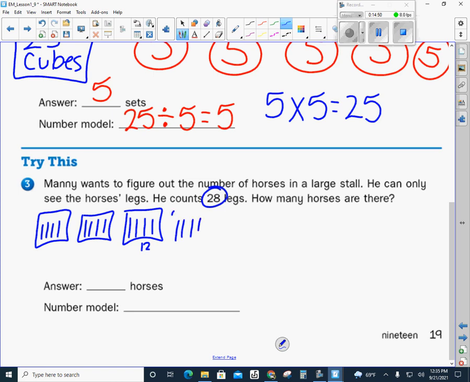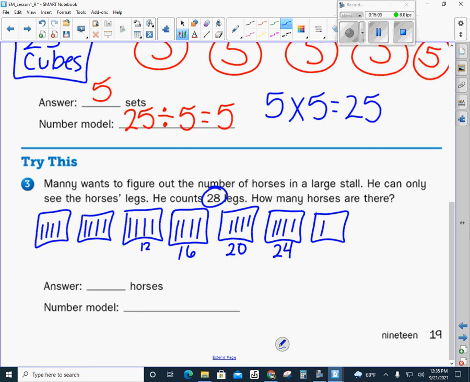There's another, whoops, there's another 4 legs. That gets me to 16. Another 4 legs. It gets me to 20. Another 4 legs. That gets me to 24. And another 4 legs. And that gets me to 28. So how many horses are there? Well, each of these would be this horse stall.